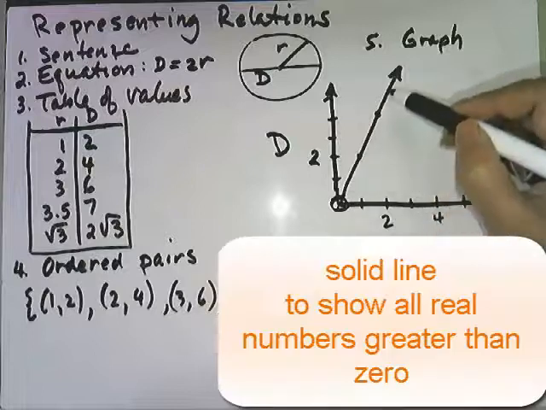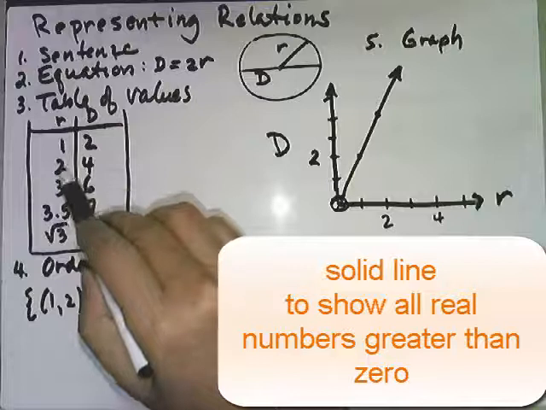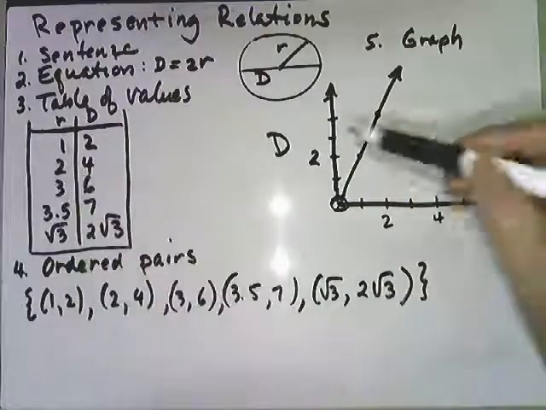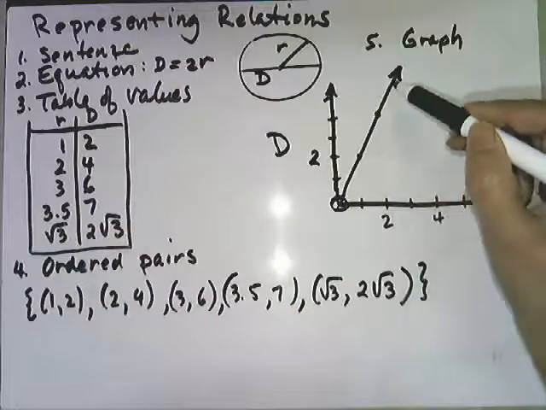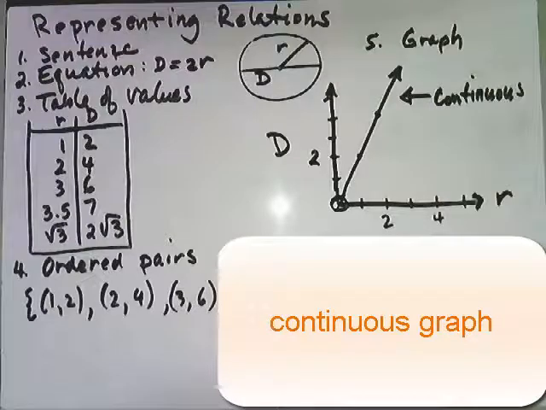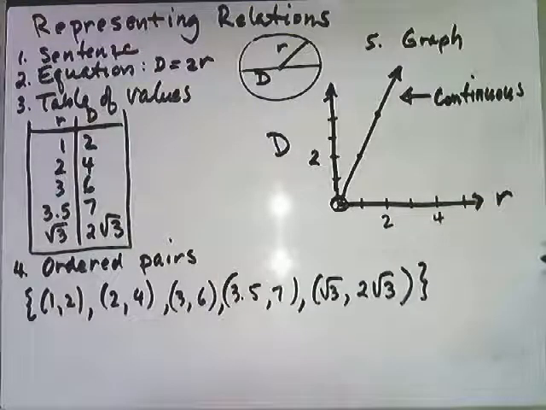I make the line solid to indicate that all numbers in between 1 and 2, in between 2 and 3, in fact, even between 0 and 1 are allowed. So everything along here is allowed. And we say that this is a continuous graph. There are no holes in it. It starts over here, but it's not a hole.